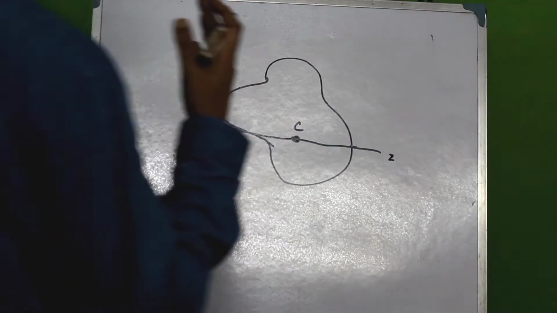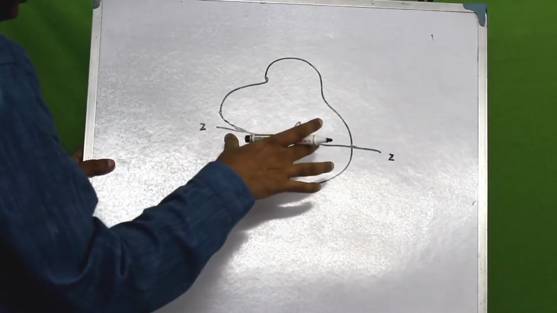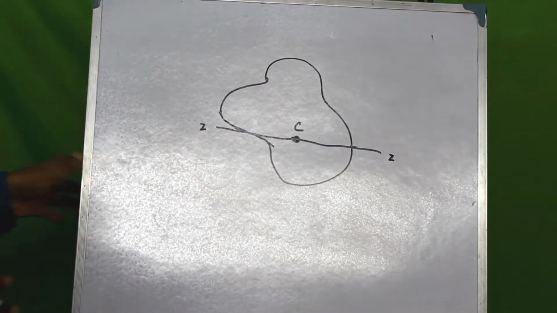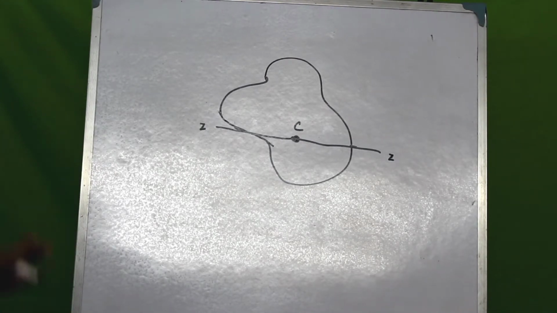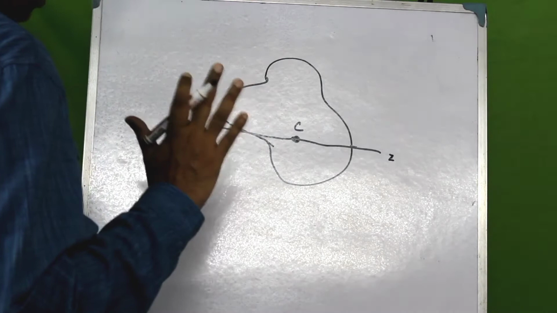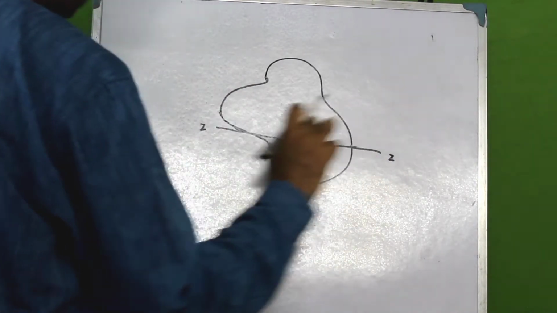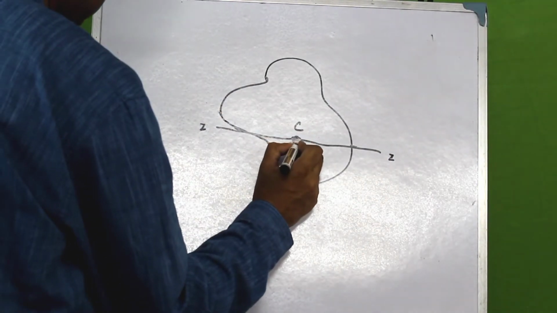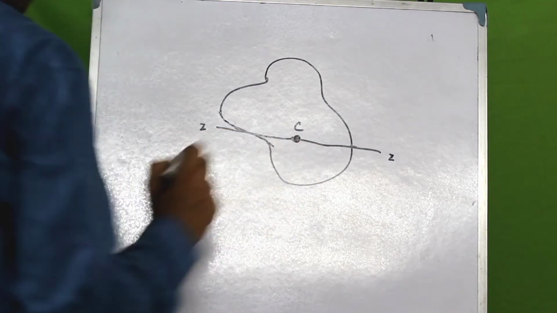Okay. Now why we have chosen the axis to pass through the centroid would become clear when we discuss the flexure theory, which we would do in this series. But for now, just take it for granted that this axis would go through the centroid of the area.